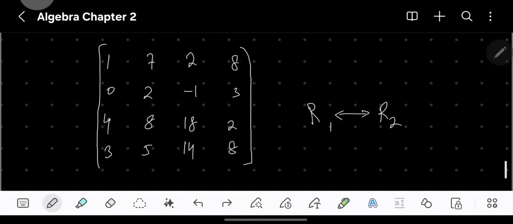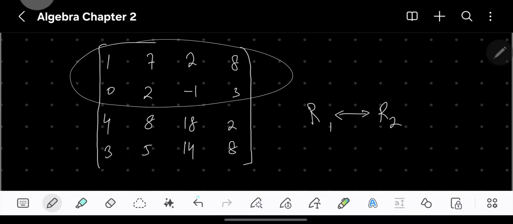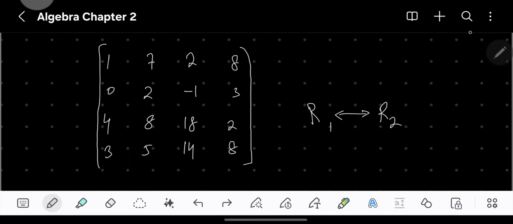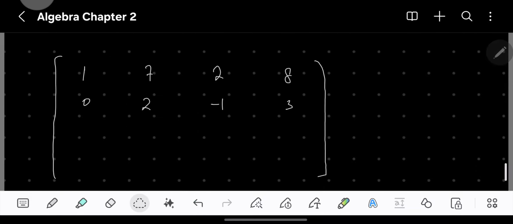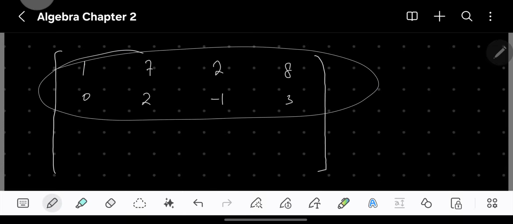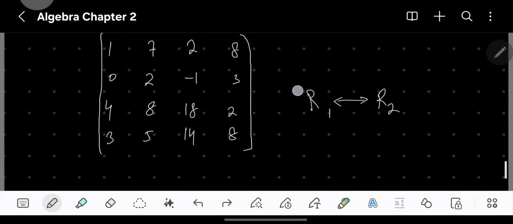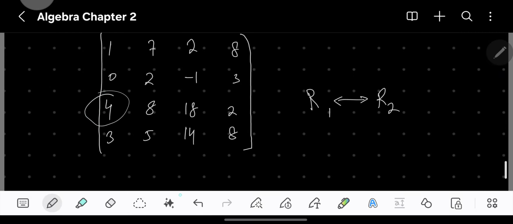So I have to make changes in this row and in this row. The first two rows will be fixed. So I have written the matrix with the first two rows the same as in the previous matrix. And here I have to make 0. Here I have to make 0.